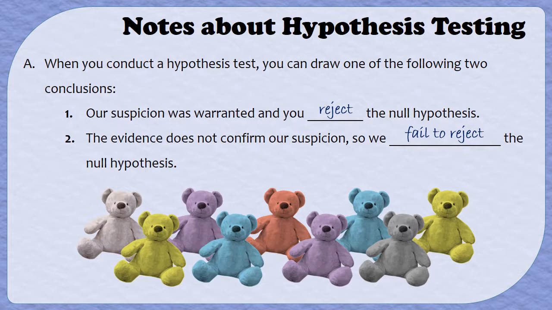I do have some, but in fact, I have a lot that don't have yellow fur. So this is where we're in that first situation where your suspicion is warranted and we reject the null hypothesis. Somebody makes a claim, all bears have yellow fur, and we reject it. We say, nope, doesn't work. Here are some cases where that's wrong.